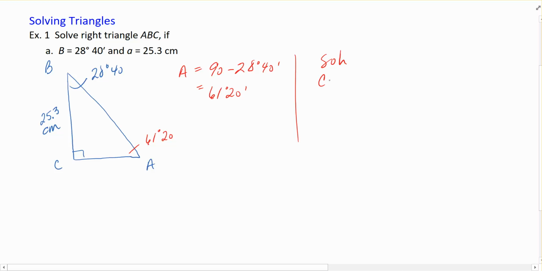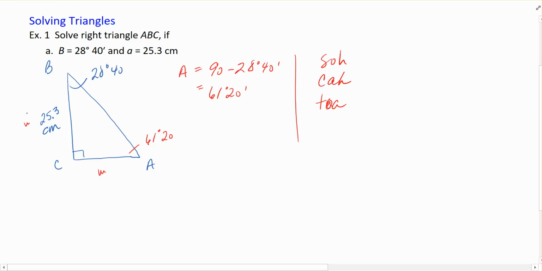If I have cosine, that gives me the adjacent side and the hypotenuse, and I can solve for the hypotenuse if I wanted to use cosine, or I could use tangent, which would be opposite over adjacent. And it doesn't really matter whether you choose to use cosine or tangent.